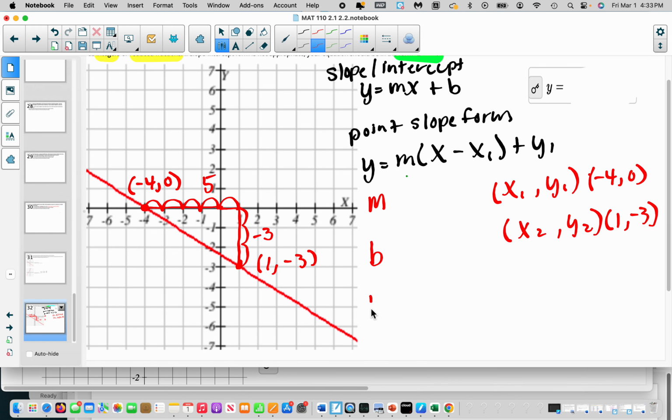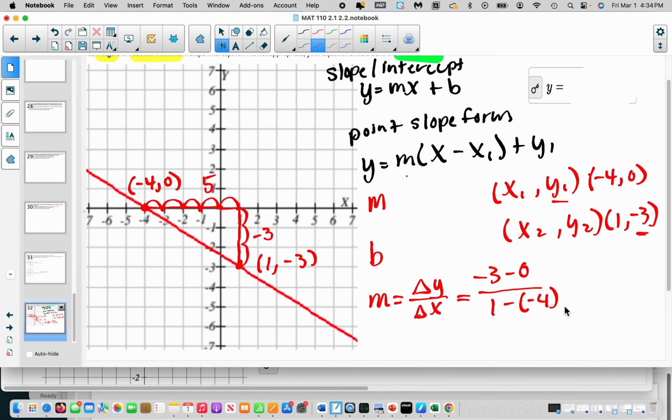If I say slope is equal to change in y over change in x, I'm going to take y2, which is -3, minus y1, which is 0, over x2, which is 1, minus x1, which is -4, so minus -4.